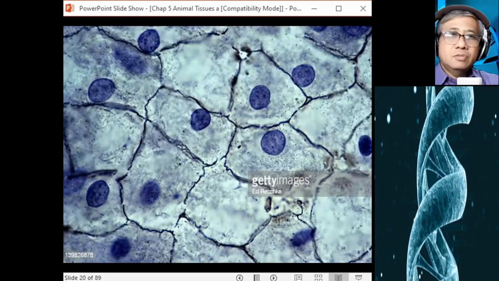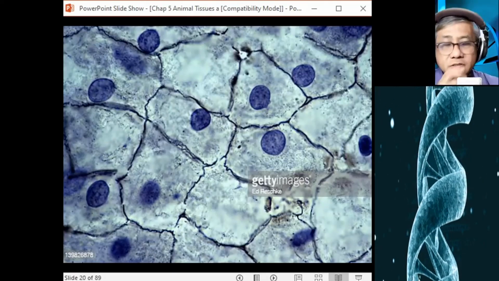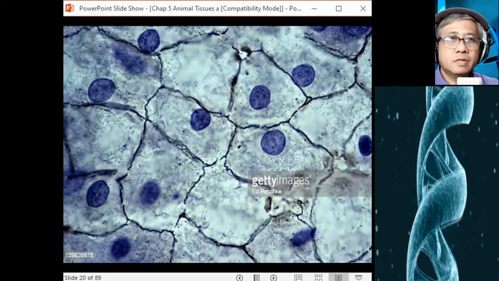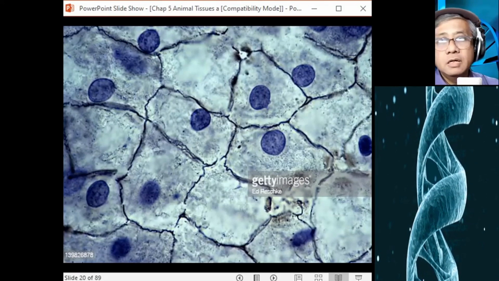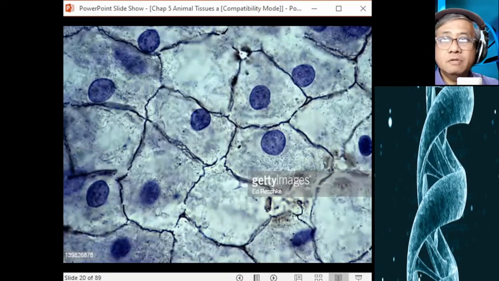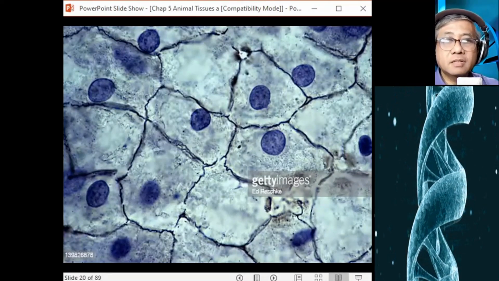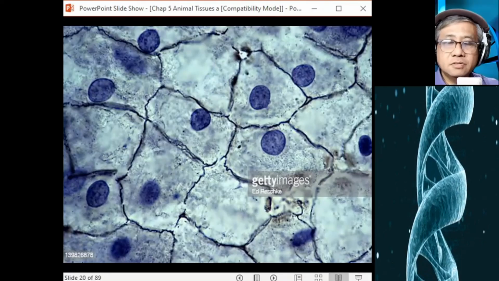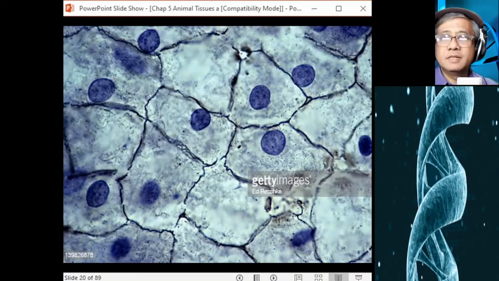Okay guys, so that's how we describe simple squamous under the microscope, or we can also describe them as a layer of closely packed cells na parang tiles, no? Para silang tiles na talagang dikit-dikit.